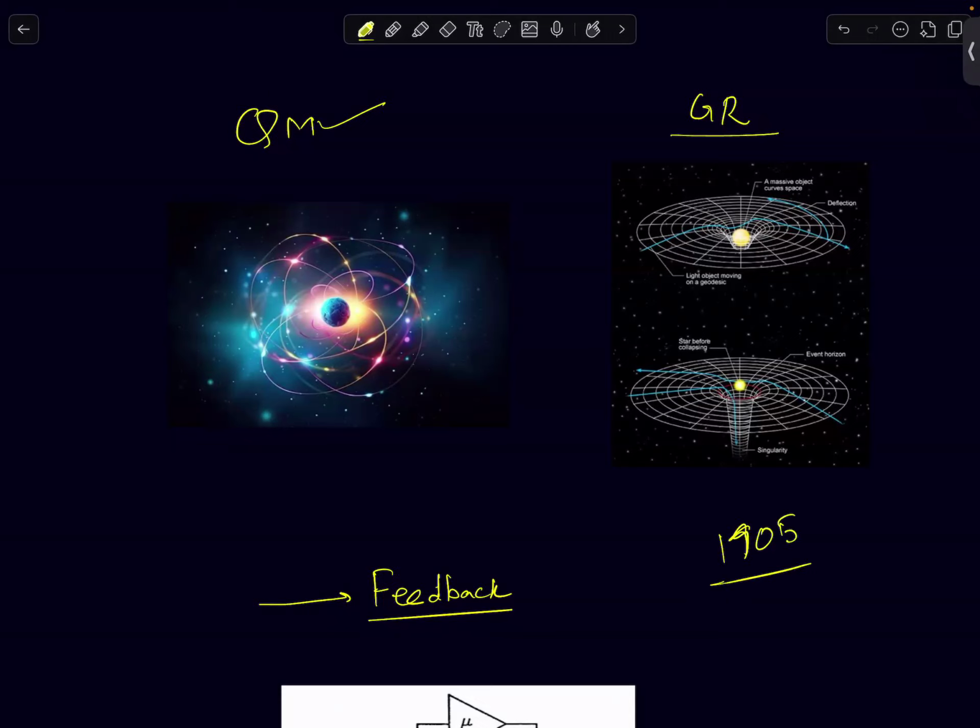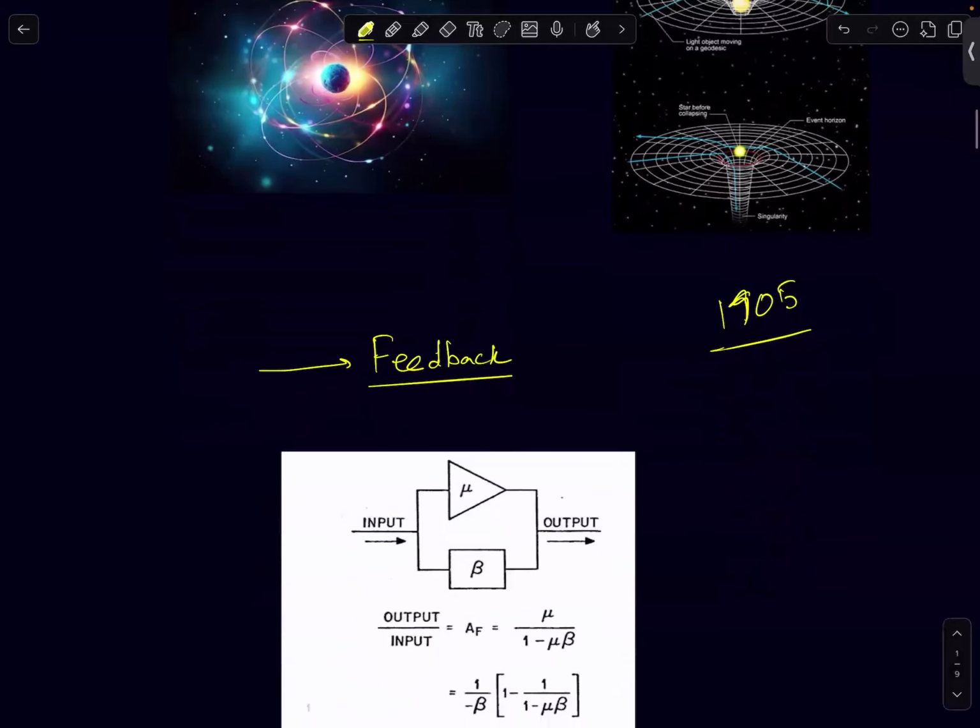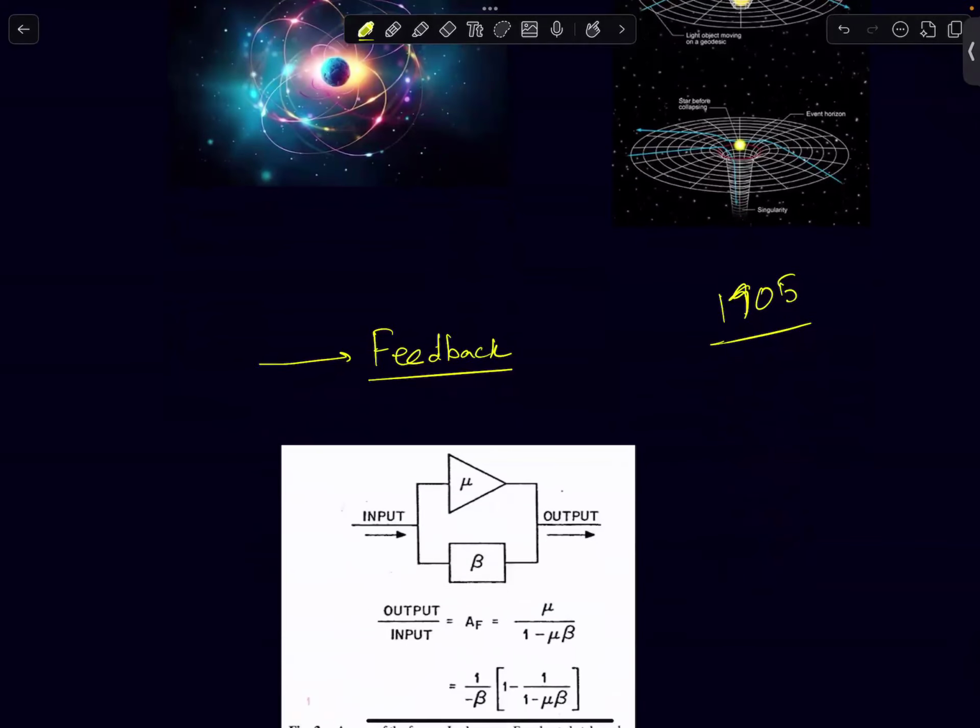And the basics of quantum mechanics, around that time, in 1905, experiments were being conducted to understand the structure of an atom. Okay, so Rutherford was splitting an atom, and they were trying to arrive at a model for the structure of an atom. A third lesser known but equally important invention, which has completely revolutionized the way we live, is feedback.